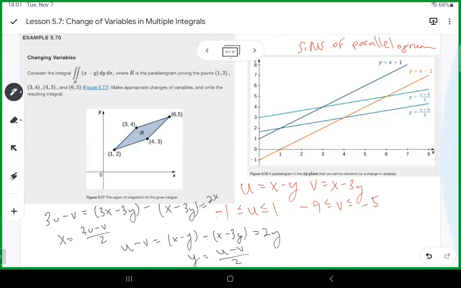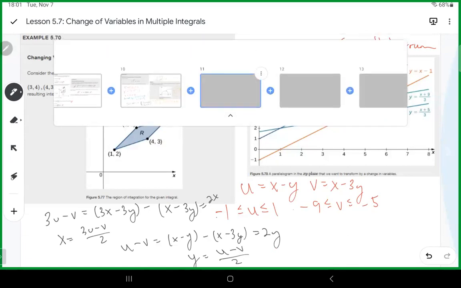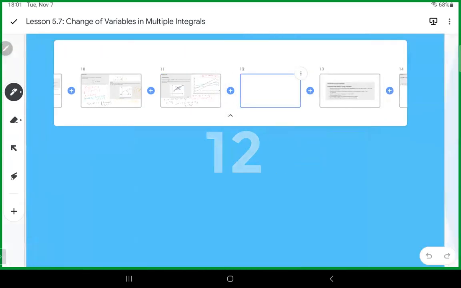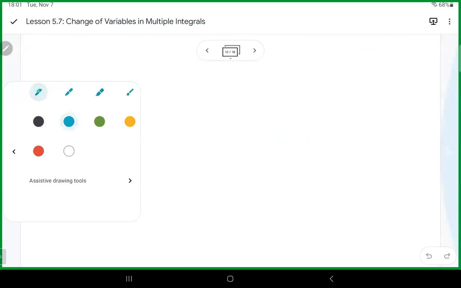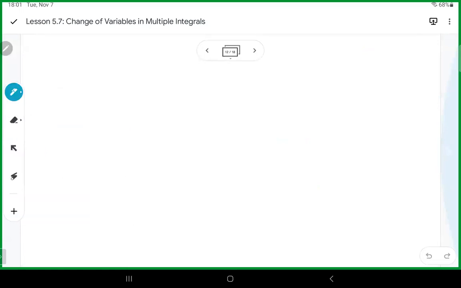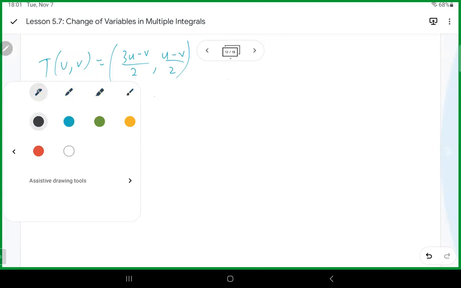Okay, let's add a slide. All right, so thus we can choose the transformation T(u, v) is going to be ((3u minus v) over 2, (u minus v) over 2). And then we need to compute the Jacobian.